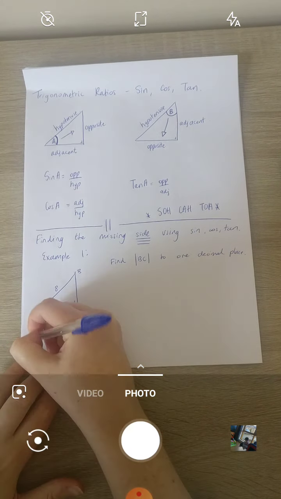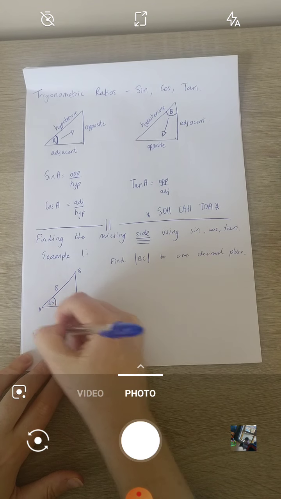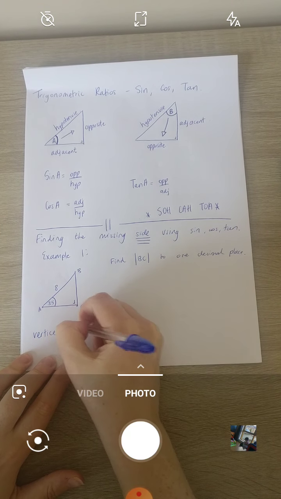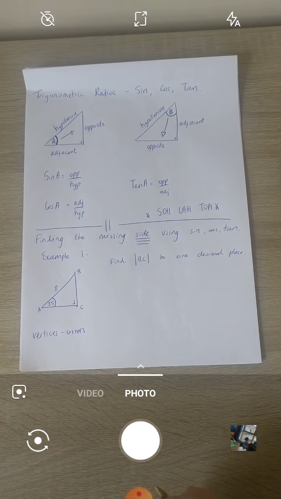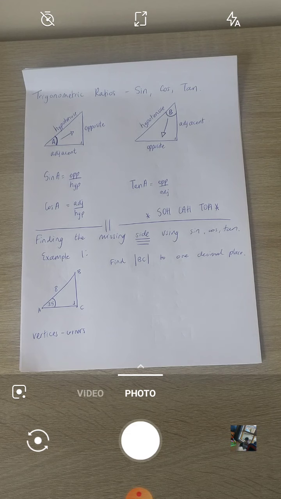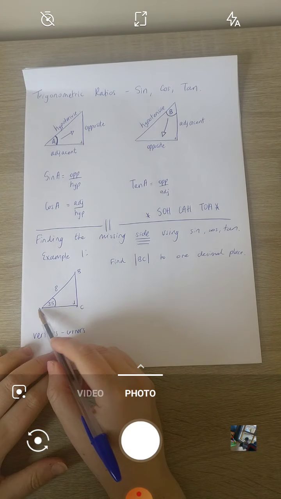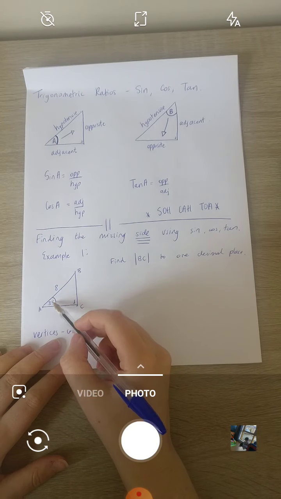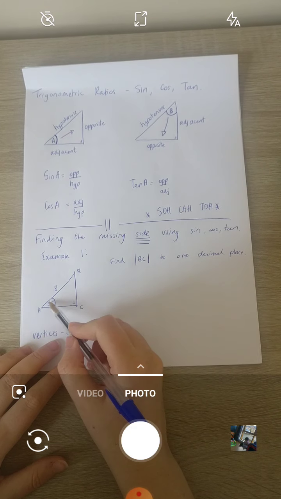Just a little bit of geometry as well. So the vertices are the corners of the triangle. Okay, just in case you see the word, vertex is singular and vertices is the corners of the shape. So A, B and C are the corners here.